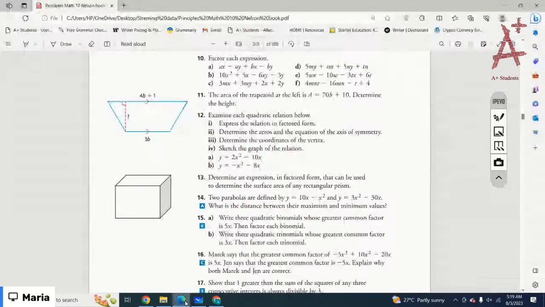The next question is question number 13. Determine an expression in factored form that can be used to determine the surface area of the rectangular prism. You have to write it in factored form.